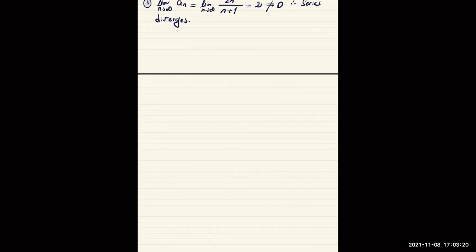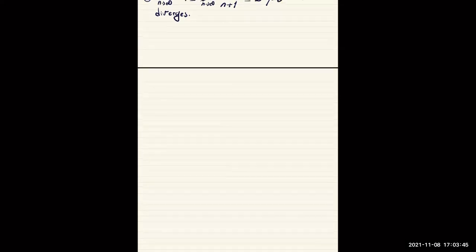Let's say you totally ignore the fact that it alternates. You make all the terms positive, and when you make all the terms positive, it converges. Then we say the series is absolutely convergent. That is just a definition. It's not a theorem.